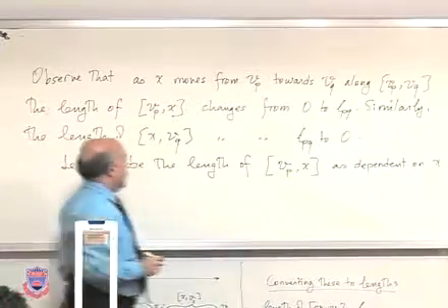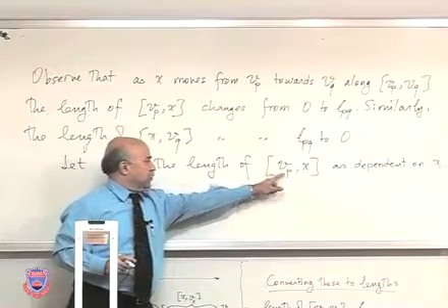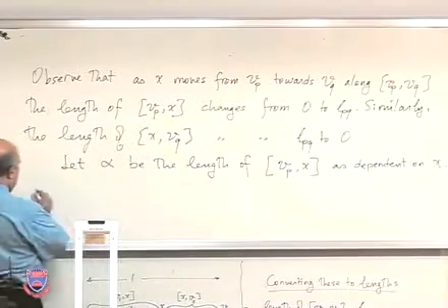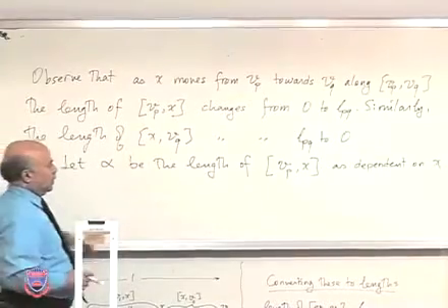So if I define alpha to be the length of the subarc vp to x, then we know that alpha changes from 0 to Lpq.